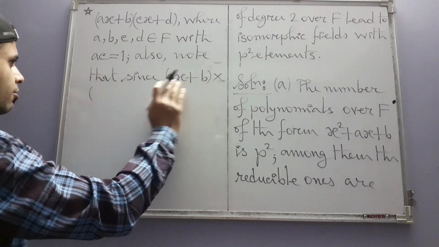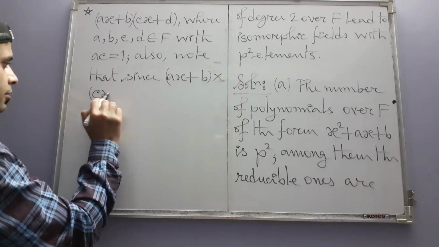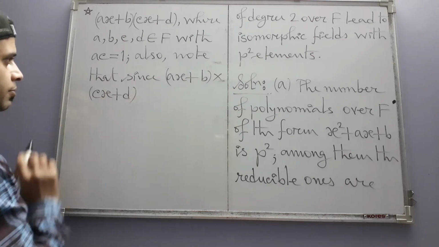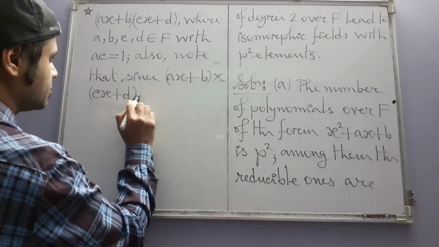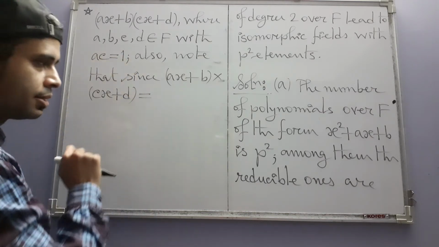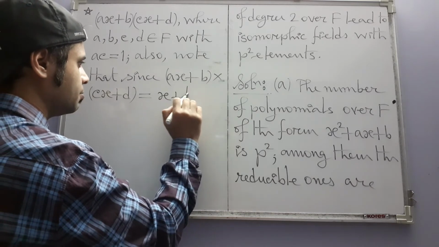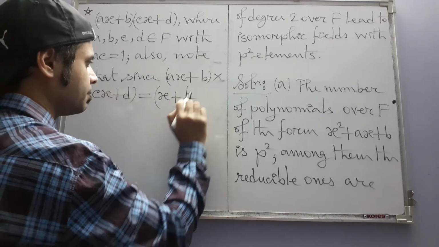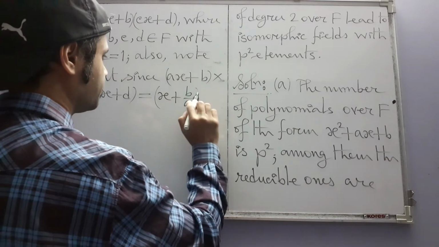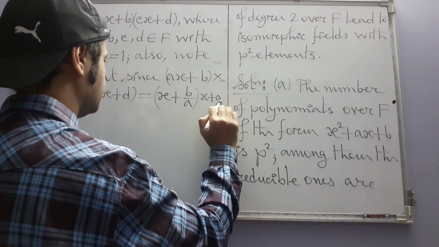It looks a little odd writing one part here, one part there, but I don't have space. Since this is going to be equal to, keeping in mind that we have ac equal to 1, (x plus b divided by a) times (x plus ad).